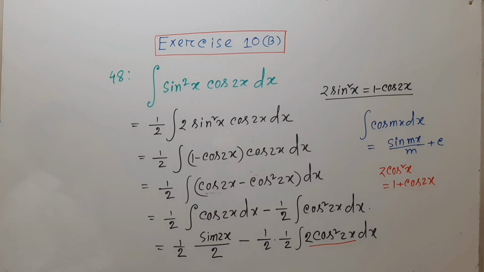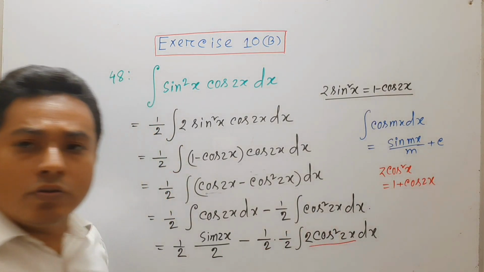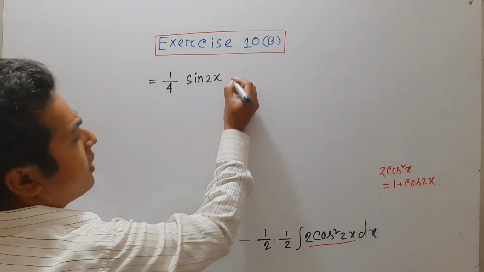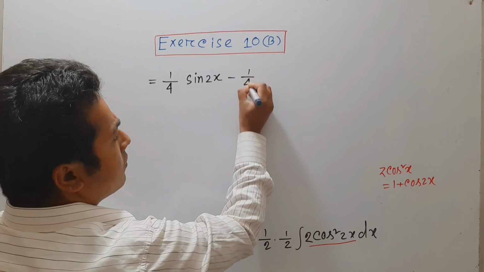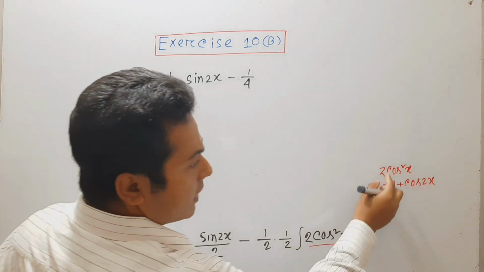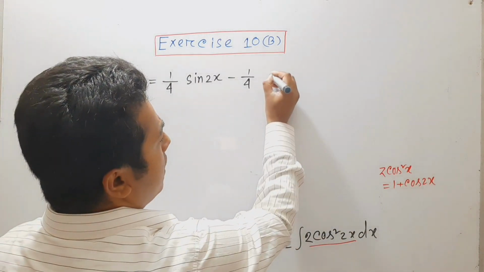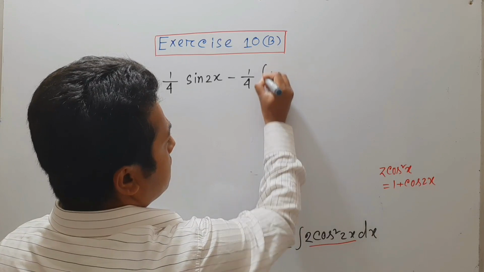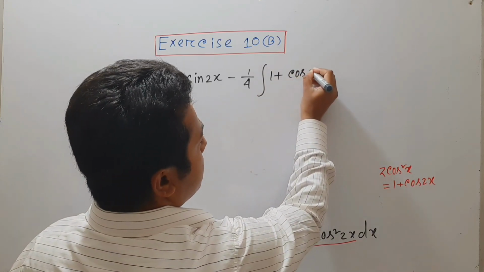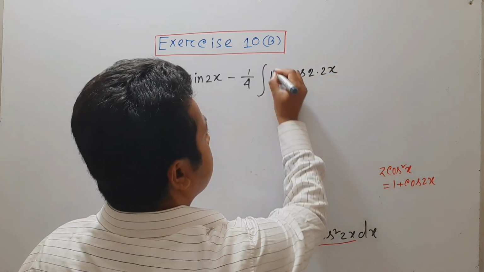So for 2 cos square x, here x is equal to 2x, 1 by 4 sin 2x minus 1 by 4, and by this formula, here x is equal to 2x, so 1 plus cos 4x.